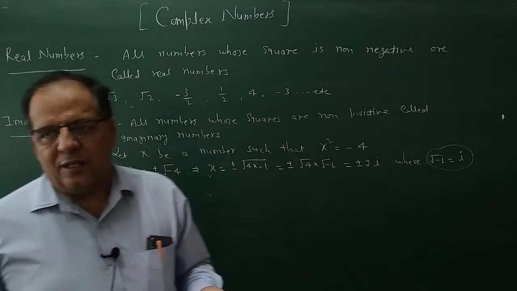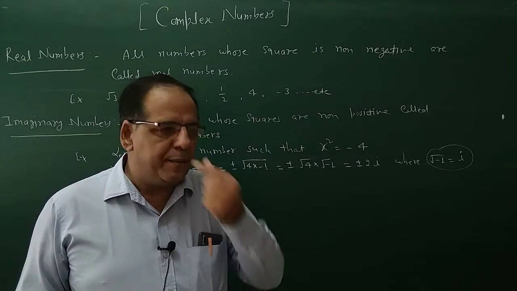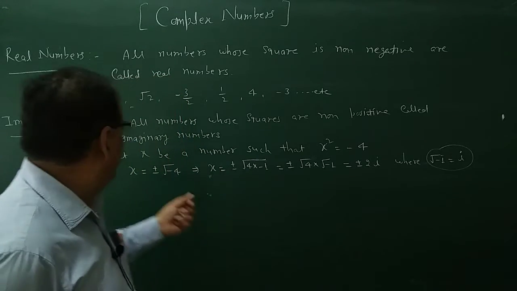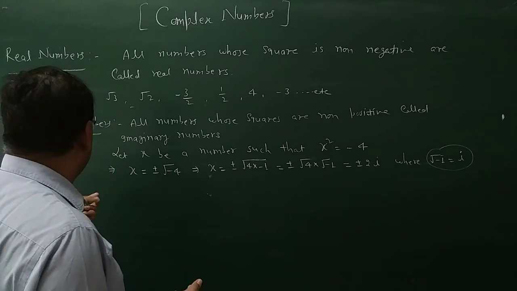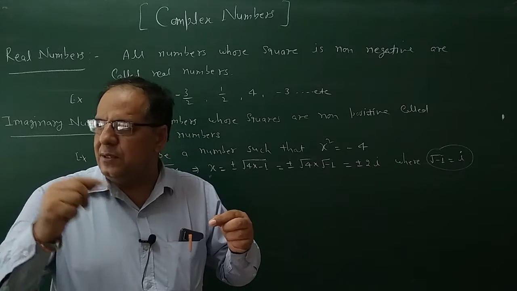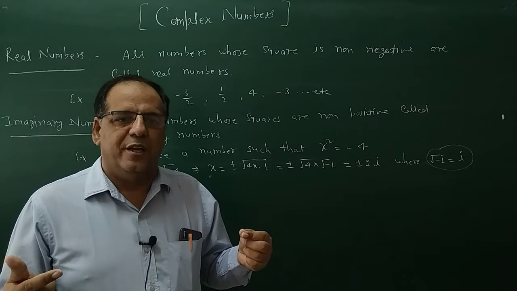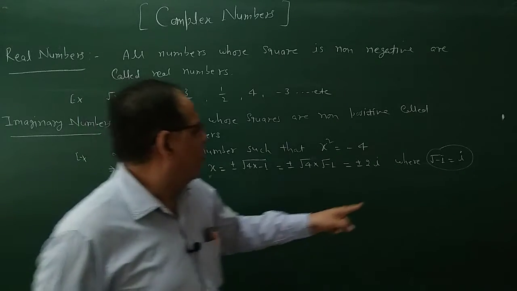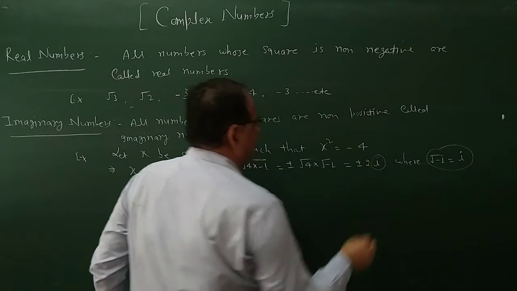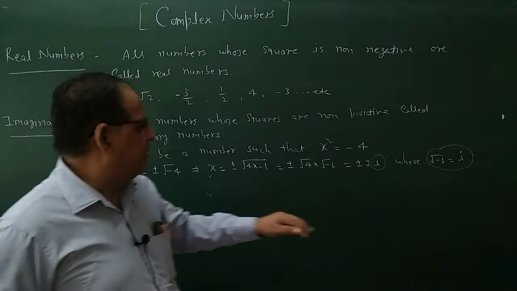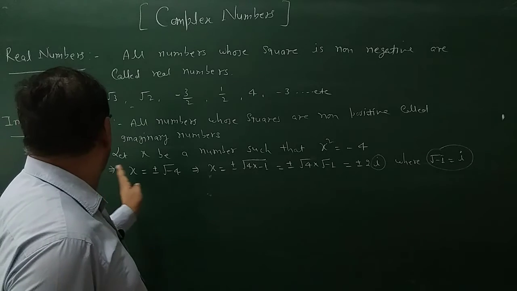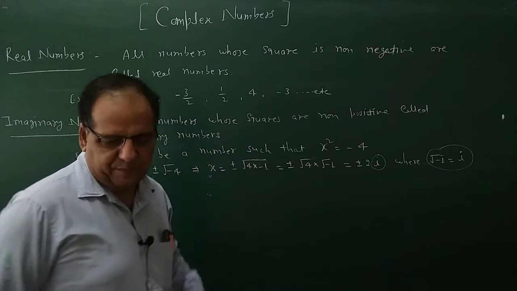That means the square of an imaginary number may be 0 or negative, never positive. Another way: all the numbers that have a multiple of iota in product form are called imaginary numbers.